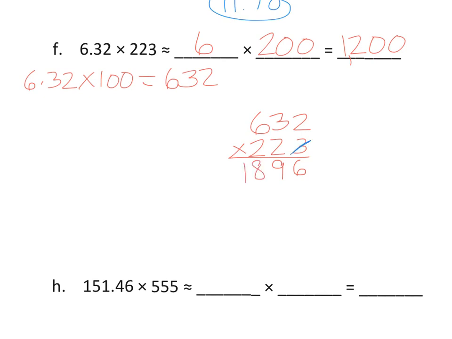Crossing off the 1s in 223, putting a 0 placeholder, and starting with the 2 tens in 223. 2 times 2 is 4. 2 times 3 is 6, and 2 times 6 is 12. I'm done with the tens, and now I'm doing the hundreds, so our answer is going to start underneath the 8 and the 6, 2 zero placeholders.